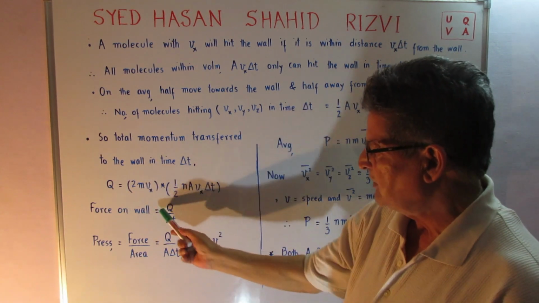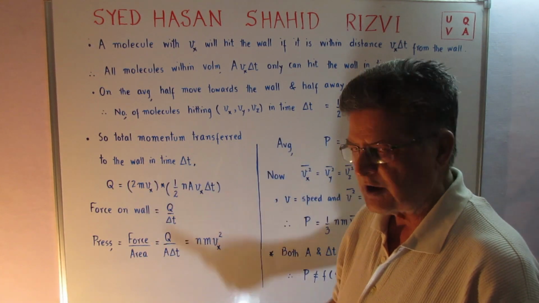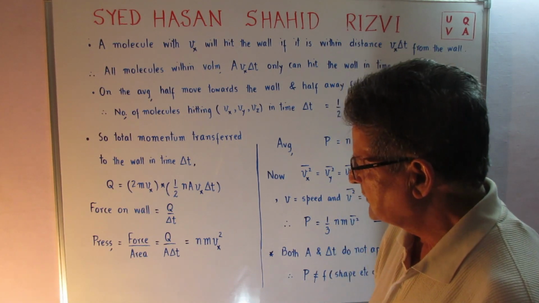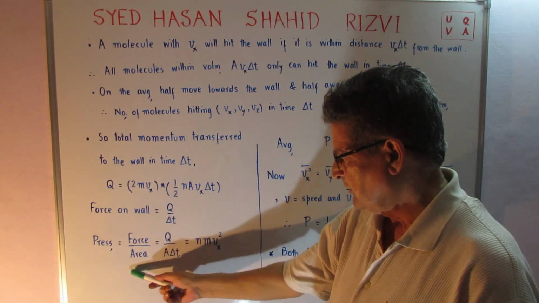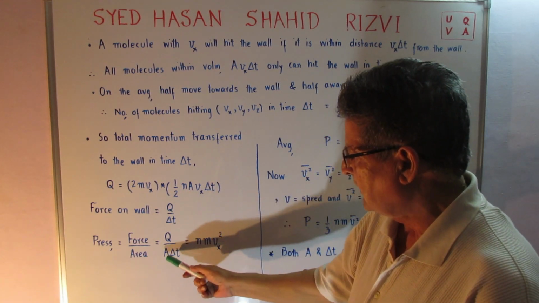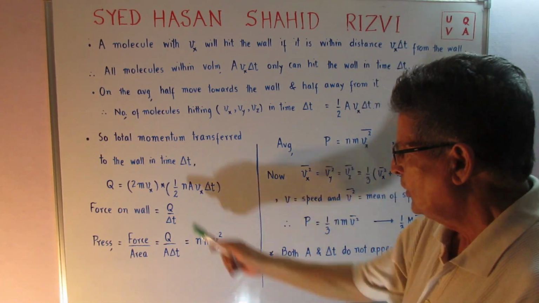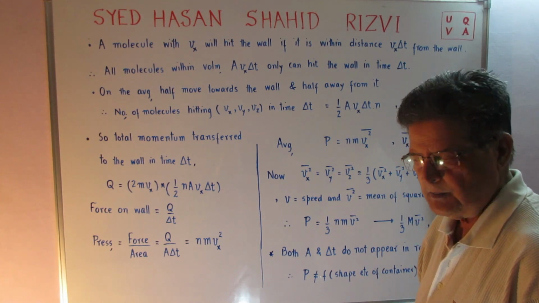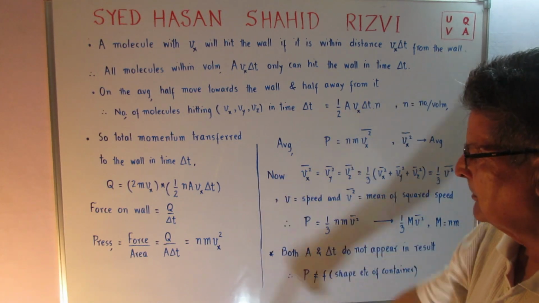And so the force on the wall will become equal to the momentum divided by the time, rate of change of momentum. That's Newton's second law. So the pressure becomes equal to, by definition, force divided by area, and force is equal to q upon delta t, so pressure is q upon A delta t. So from here it becomes equal to n m Vx square, for a single molecule.